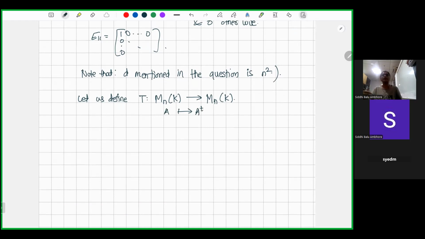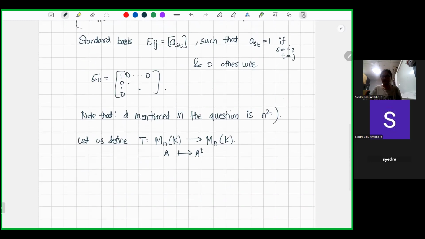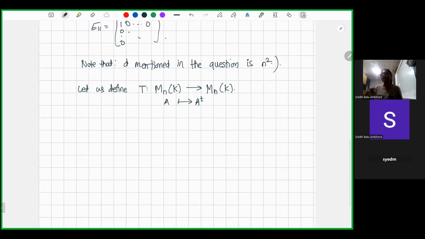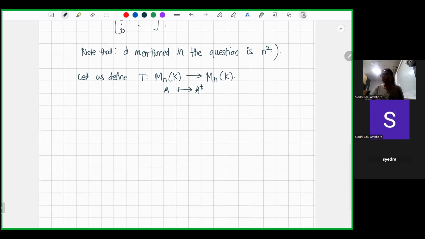This is my map. Now what I will try to do is prove that the set is linearly independent, so this becomes a bijection, and then the basis will be mapped to a basis. That is our idea. I mean, this is an isomorphism.